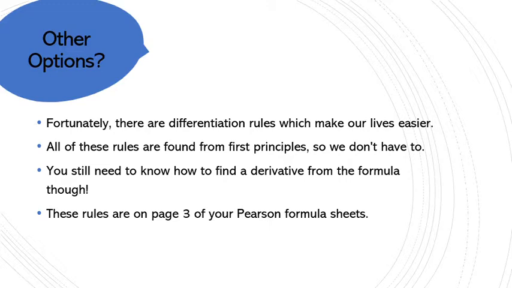So these all come from that limit equation, but someone else has done it. These are all on your formula sheet. So what we're going to do is go through the various simple rules and see how they play out, and then by the end we'll be able to find the derivative of a polynomial.